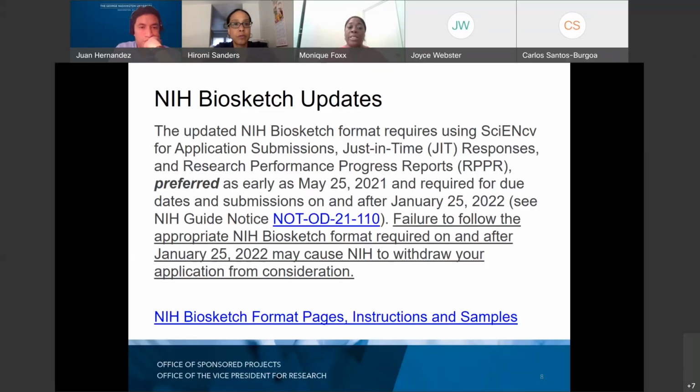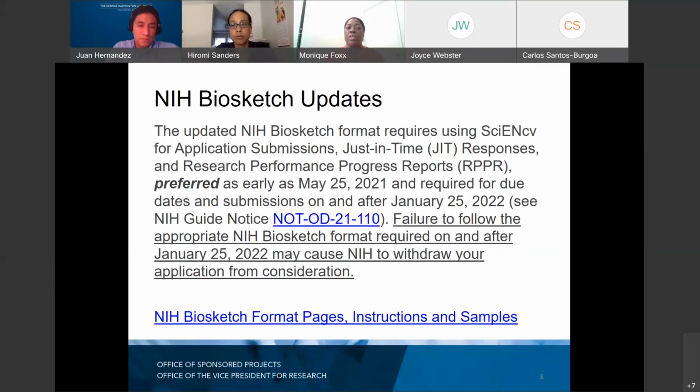This was recently, of course, issued, and the date for starting to use the Science CV NIH Biosketch was May 25th. You will notice that it's not required until January 25th, 2022, and that is reflected in the notice guide.